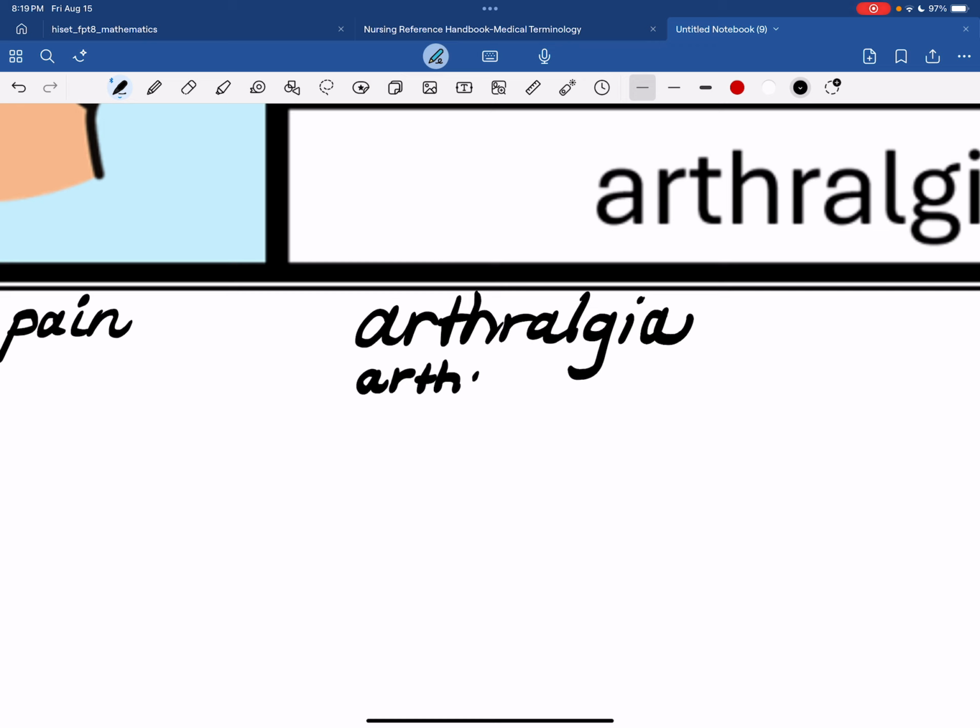So arthralgia. Arthralgia. I know that arthro is the combining form for joint.